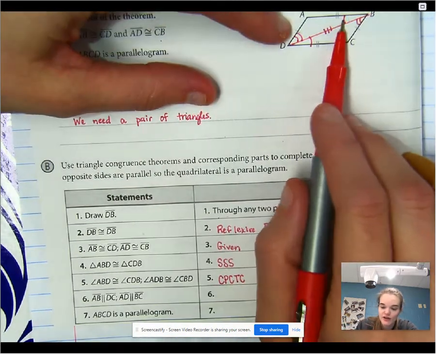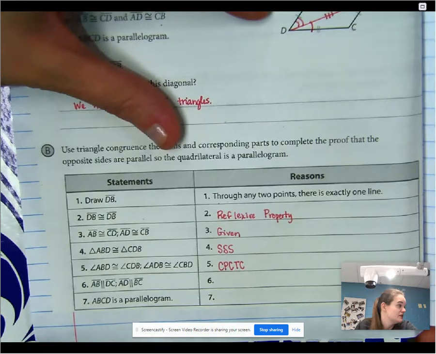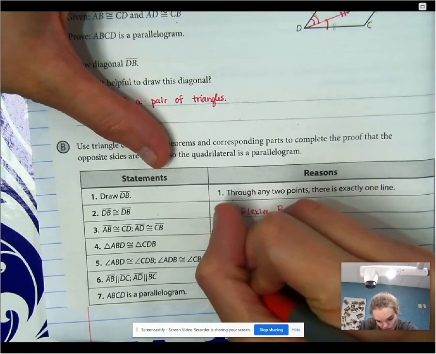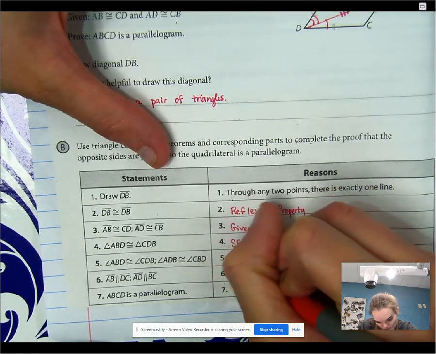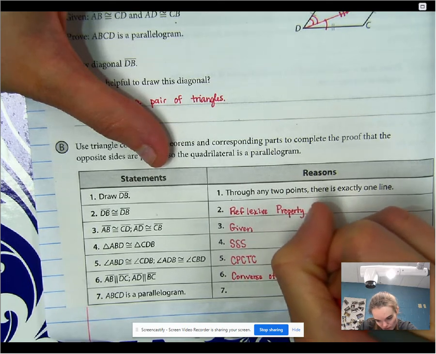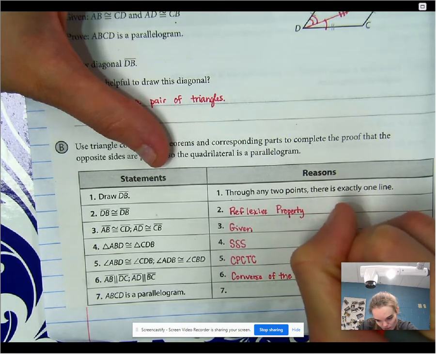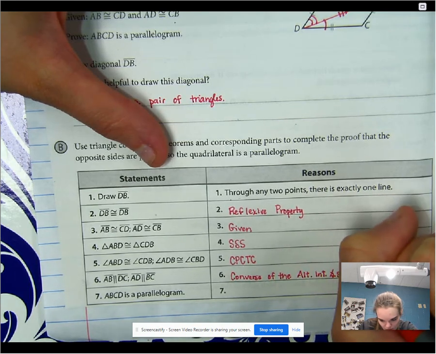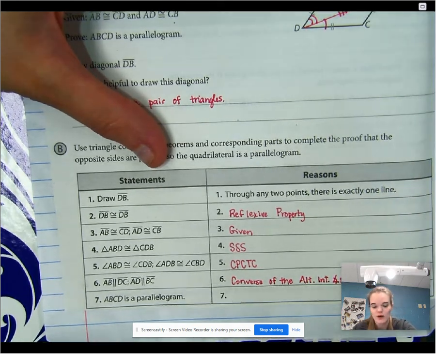So since these angles are congruent, they are alternate interior angles. Well, since we have alternate interior angles congruent, we have 2 sides parallel. So that is because of the converse of the alternate interior angles theorem. That is back in 4.3. It's been a while.